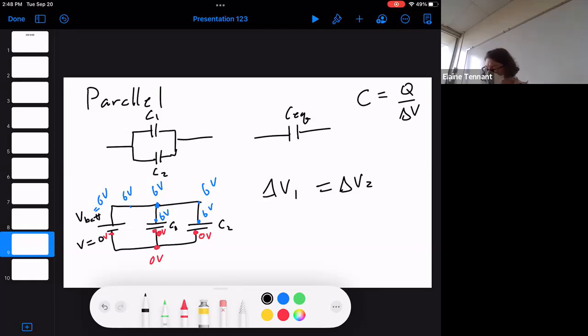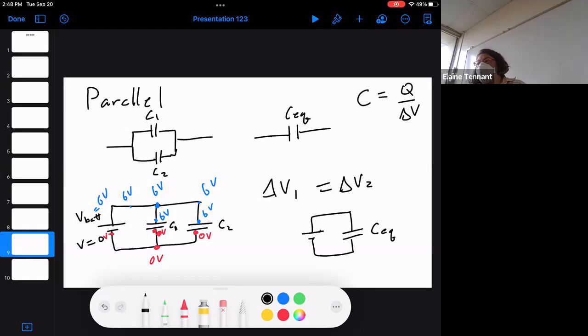Okay. But now that we have that information locked down, let's go over and compare it to what we might have if we had an equivalent capacitance. So the picture I'm going to draw here is I'm going to have the same battery, but now instead of hooking it up to C1 and C2, I'm going to hook it up to a single capacitor that has the equivalent capacitance of C1 and C2 in parallel.